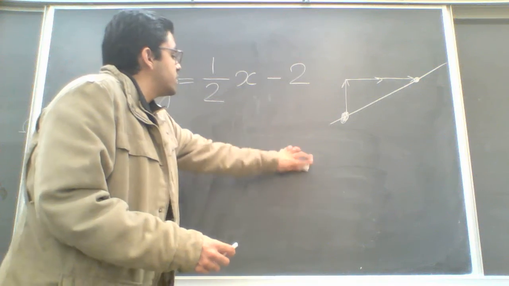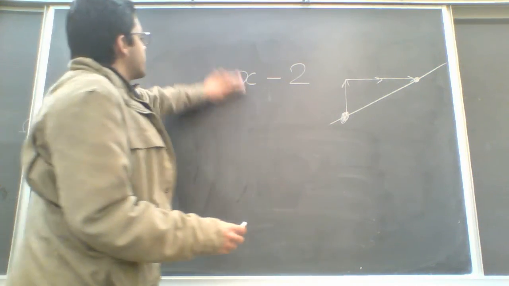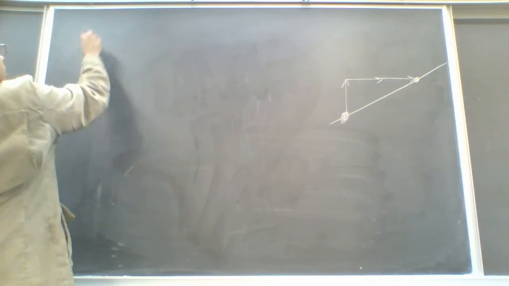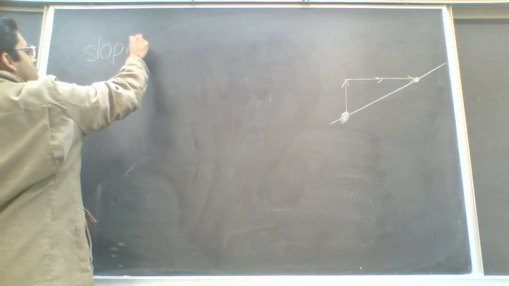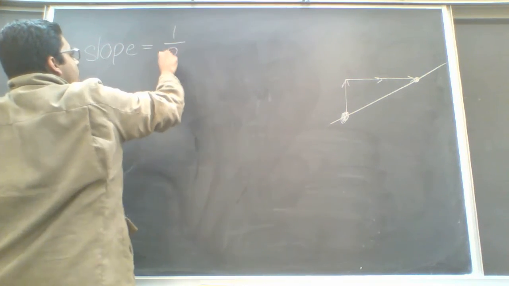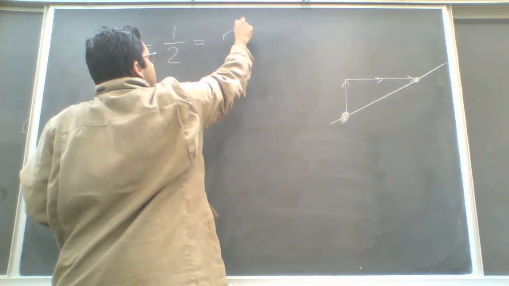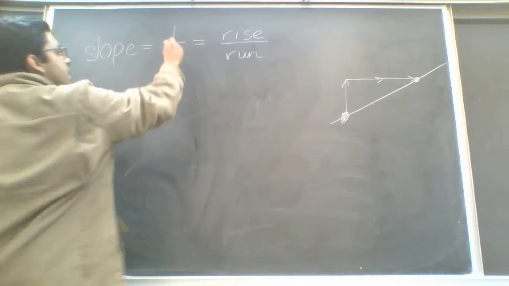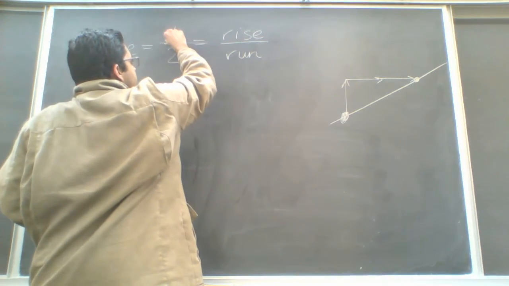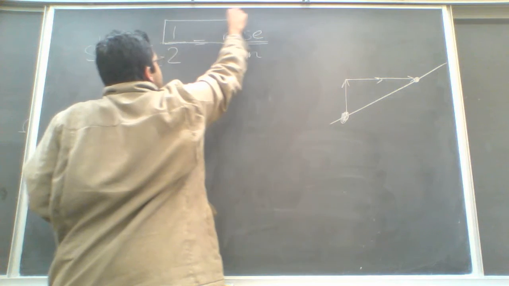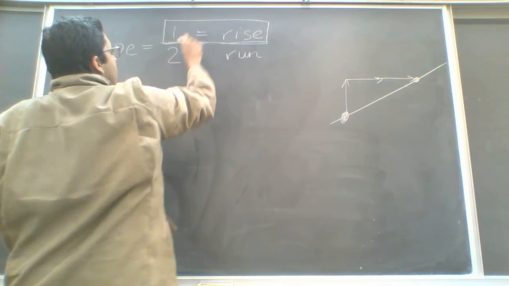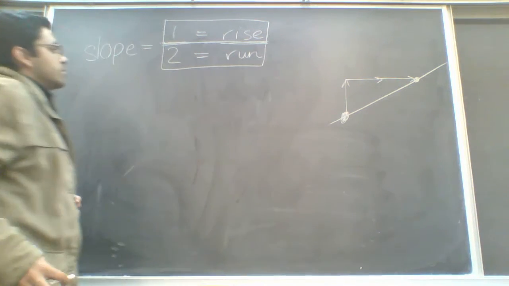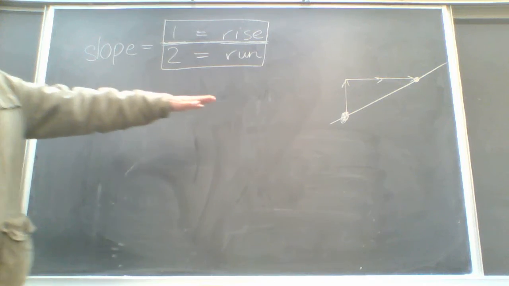Actually, I shouldn't have erased the slope thing that I just had. So let me explain. If we have a slope of 1/2, which we know is our rise over our run, this tells us that if we pair off these numerators, the rise is equal to 1 and the run is equal to 2, which we demonstrated over here.